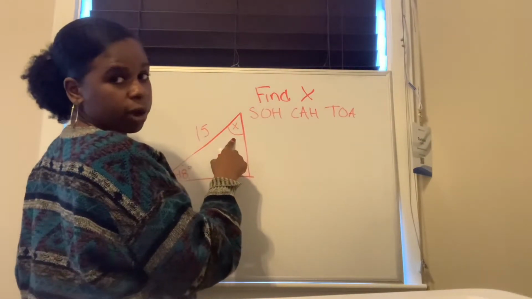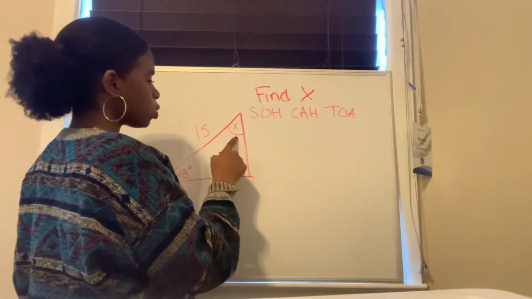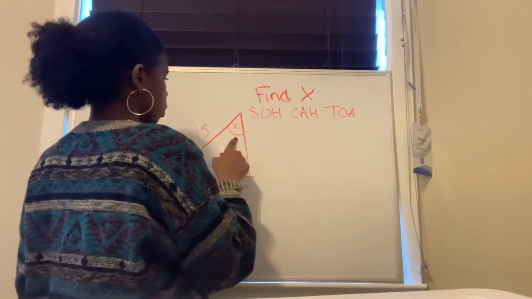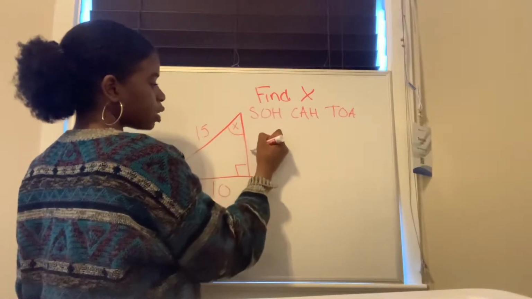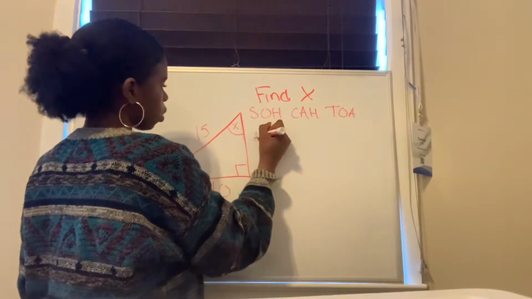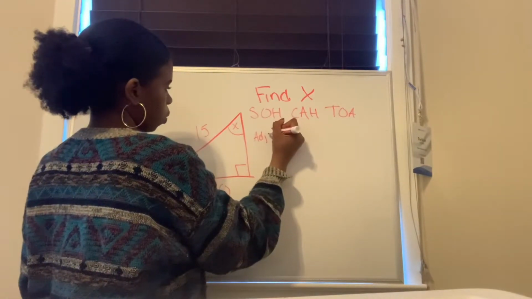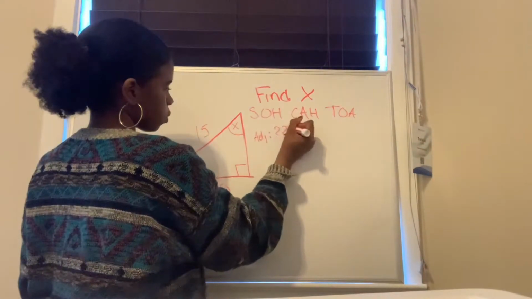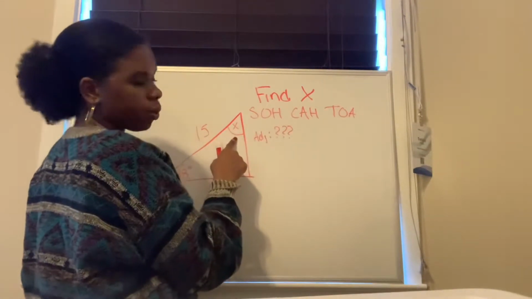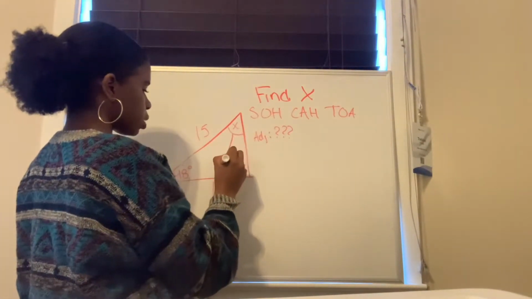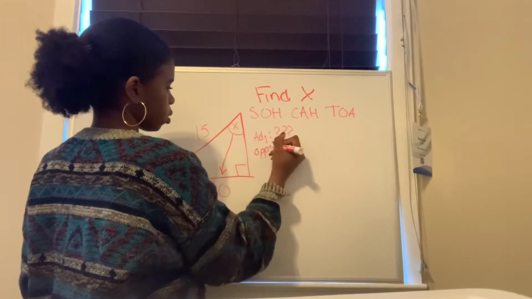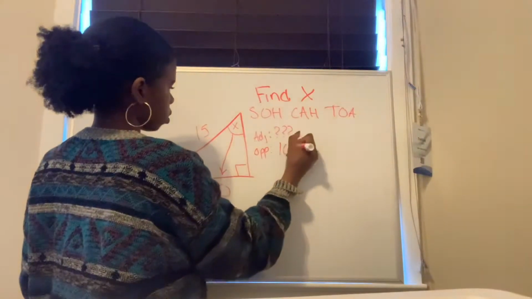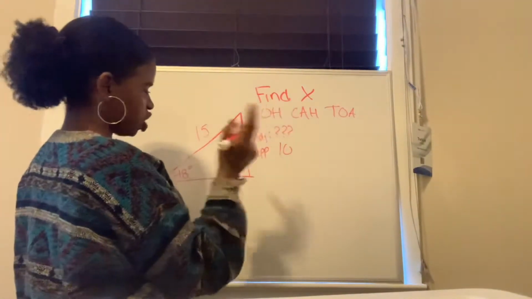So now when we're referencing X, what's relevant to X? Okay, so now that we're doing X, this is now the adjacent side. We don't know what the adjacent side is. But with X, we see that the opposite side is 10. Hypotenuse doesn't change.